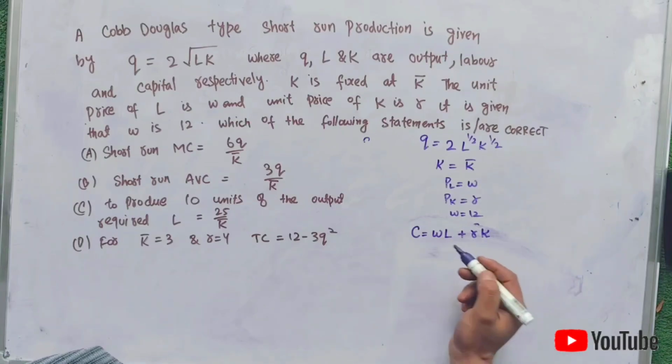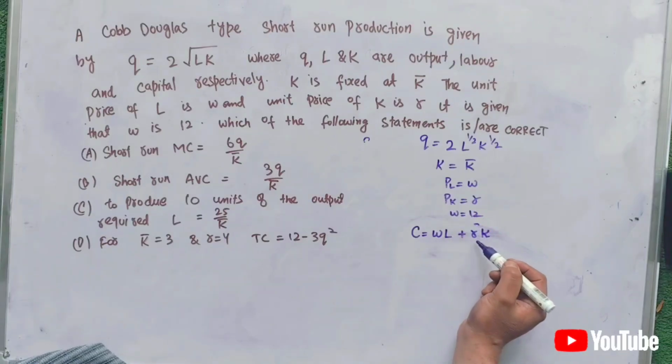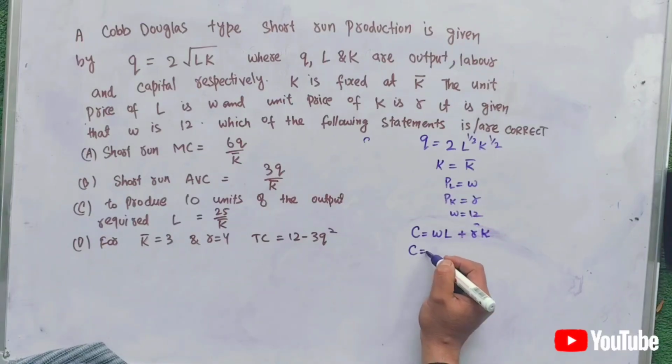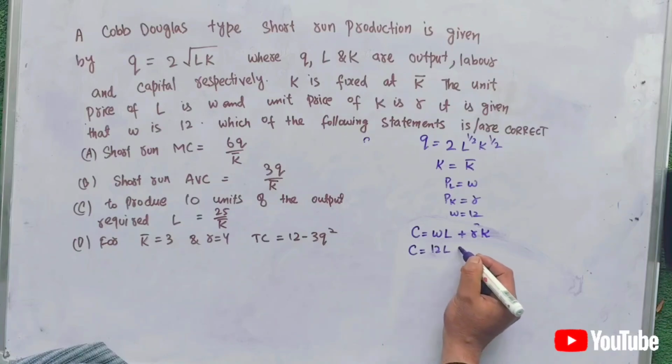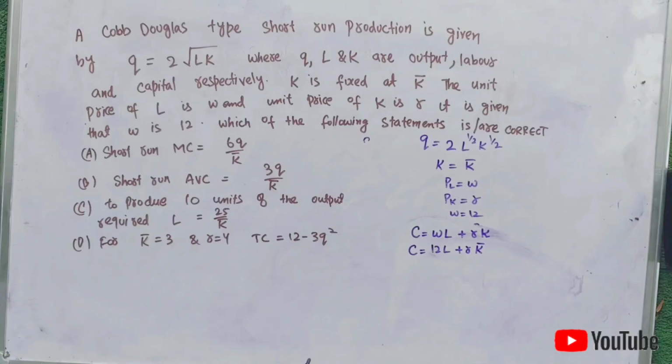Okay, so price of labor is W, price of K is R, and we are being told that W is equal to 12. So we have 12L plus RK, and K is fixed because we have a short run. In the short run, capital is fixed usually, always rather.